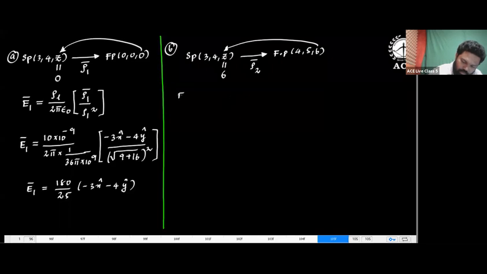What is this E2? E2 is equal to rho L by 2 pi epsilon naught into rho 2 vector by its magnitude square.